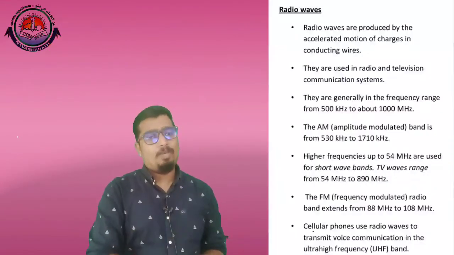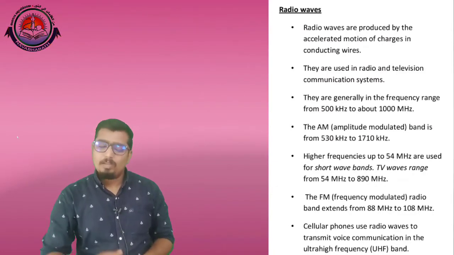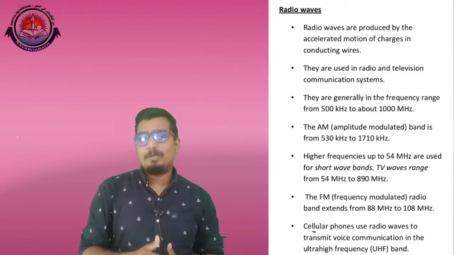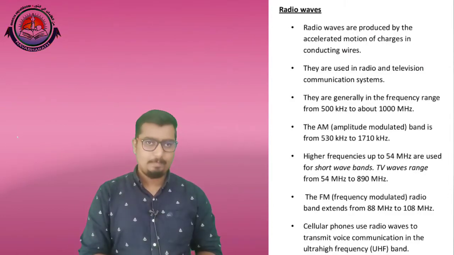In that, the first electromagnetic radiation is radio waves. The radio waves are produced by the accelerated motion of charges in conducting wires.